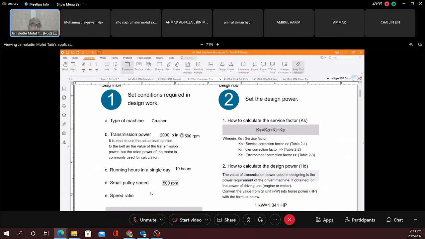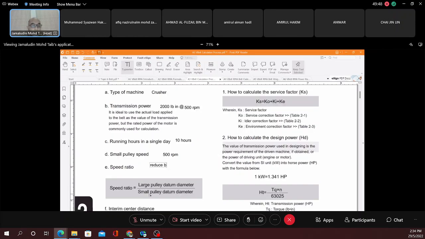Speed ratio is going to be 1/3, because it's reduced by 1/3. Let's check here: the speed ratio is the larger pulley datum diameter over the small pulley datum diameter. Because it's a speed reducer, the larger pulley is going to be reduced by 3, so the speed ratio is going to be 3.